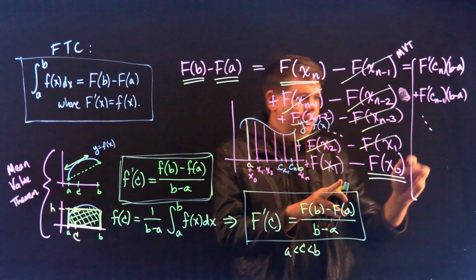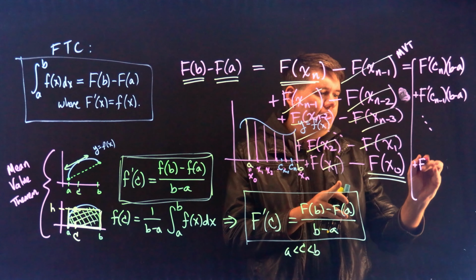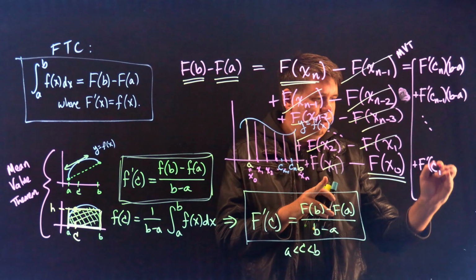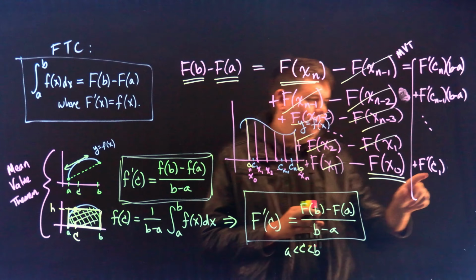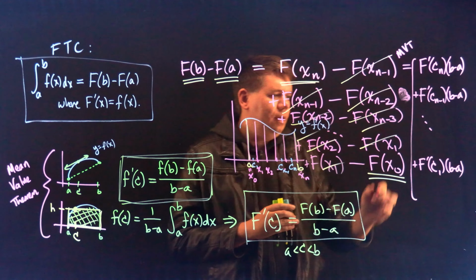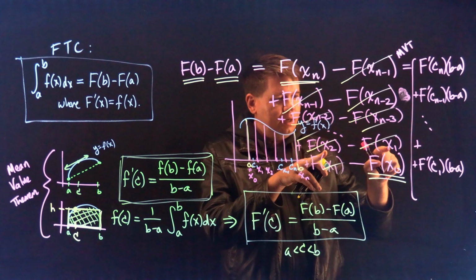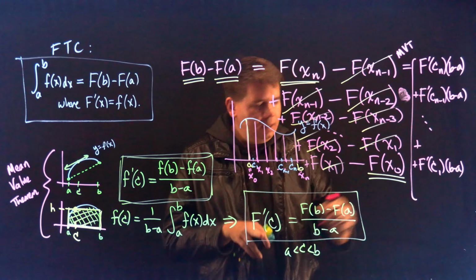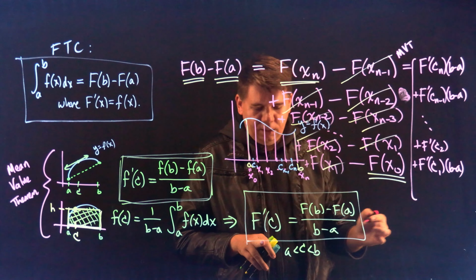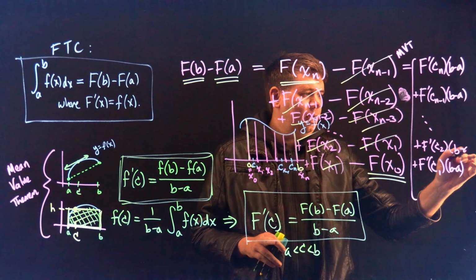Until here on the bottom, this is just big F prime of some C1, where C1 is some number between x0 and x1, times b minus a. And up here, between x1 and x2, this is the same thing as f prime of some C2 times b minus a.